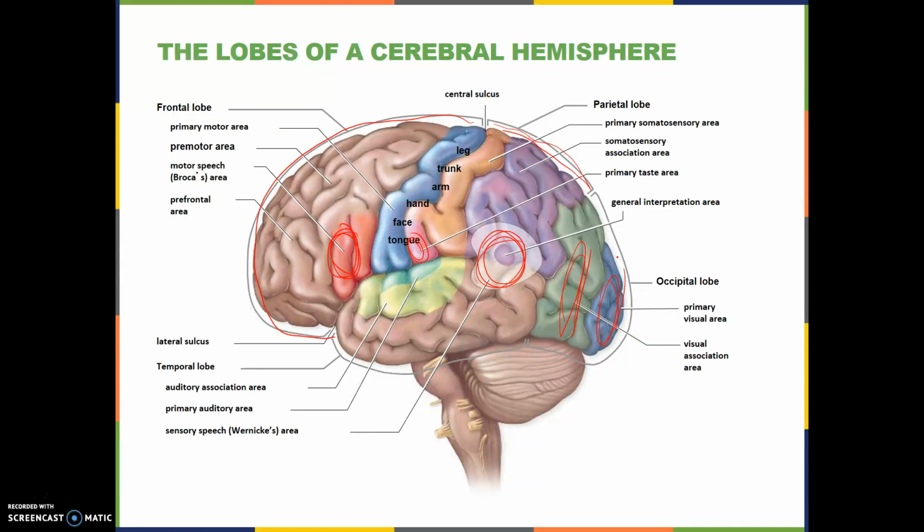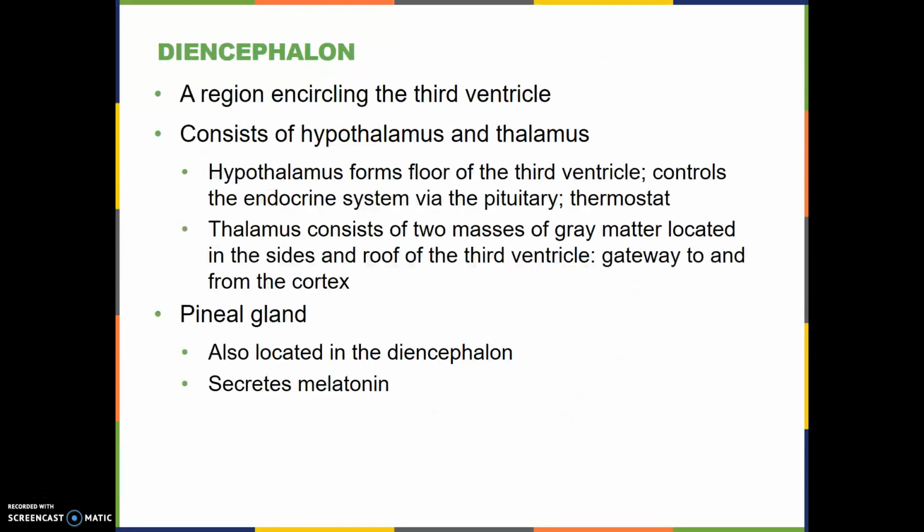So much of the occipital lobe is for vision. Your auditory area is in the temporal lobe, like you would think it would be. And then different areas for parts of the body, leg, trunk, arm, hand, face, and tongue, are kind of there in the frontal lobe where it meets the parietal lobes.